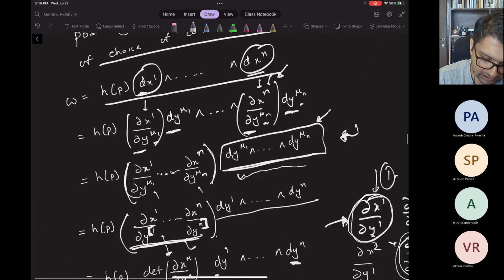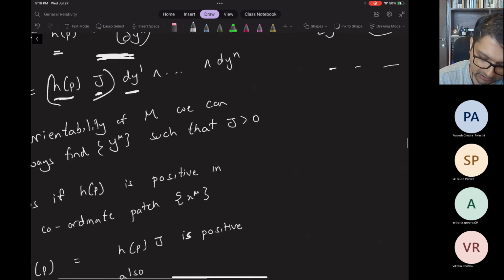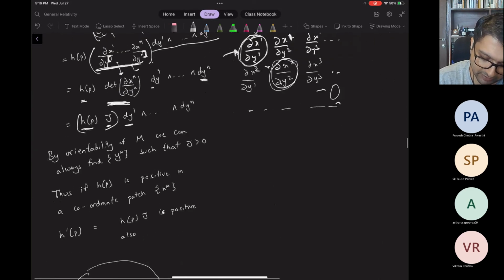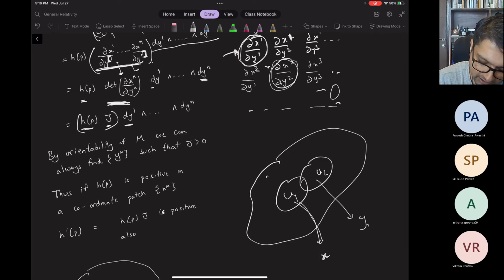Now, if I have a different coordinate patch, imagine that this is u1, this is u2, this has coordinates x, and this has coordinates y, and in the overlap region, both x and y are valid coordinates.